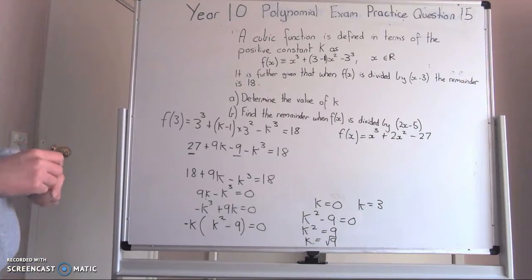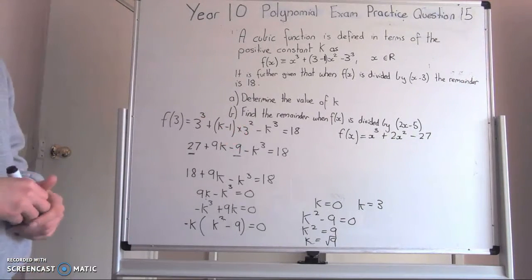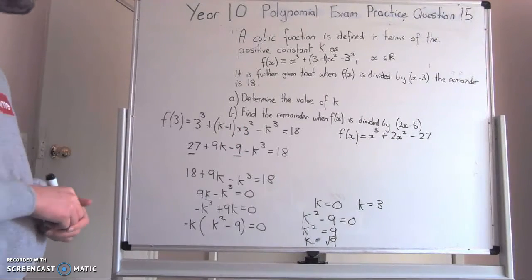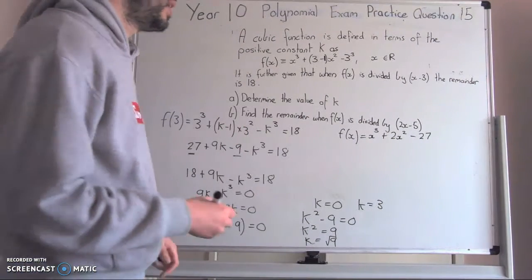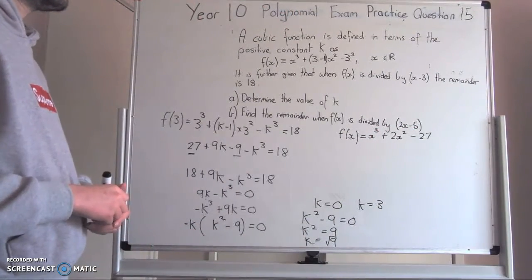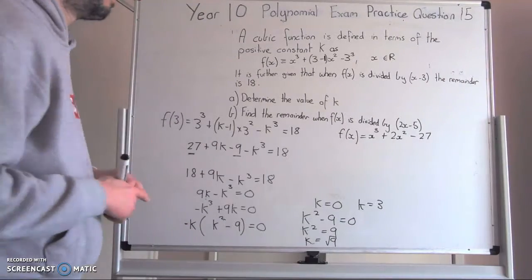Now, the next step, we found k. It says find the remainder when the function of x is divided by 2x minus 5. So again, we are using the remainder theorem. Now, when you look at this, for this to equal 0, x has to be 5 over 2.